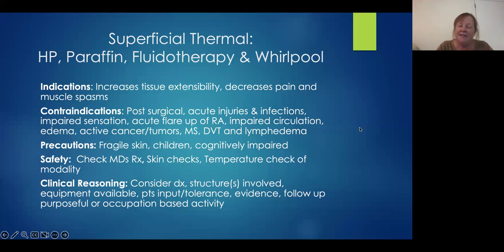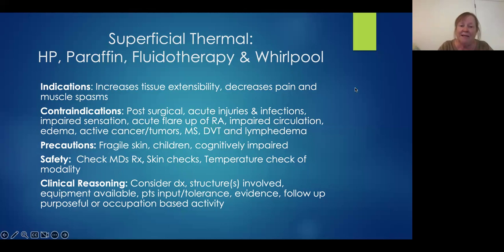The other thing from a safety standpoint is that no matter what modality you are using, you always do skin checks. You want to do skin checks before, during if possible, because like when we do paraffin, it's not possible. So we have to do it before and we do it right after. But when we can do skin checks, we want to.